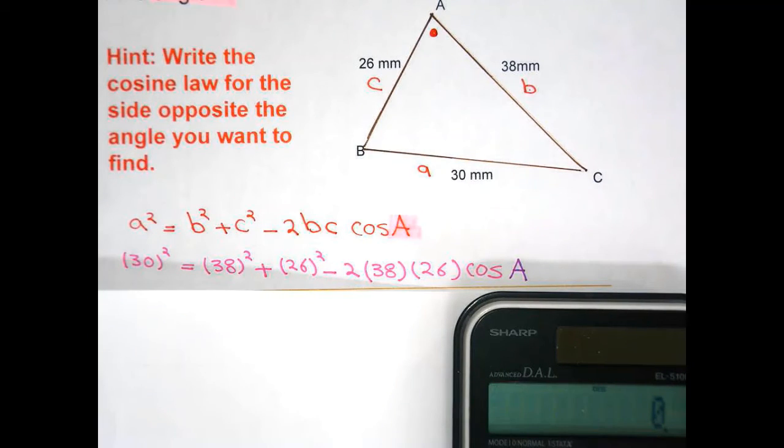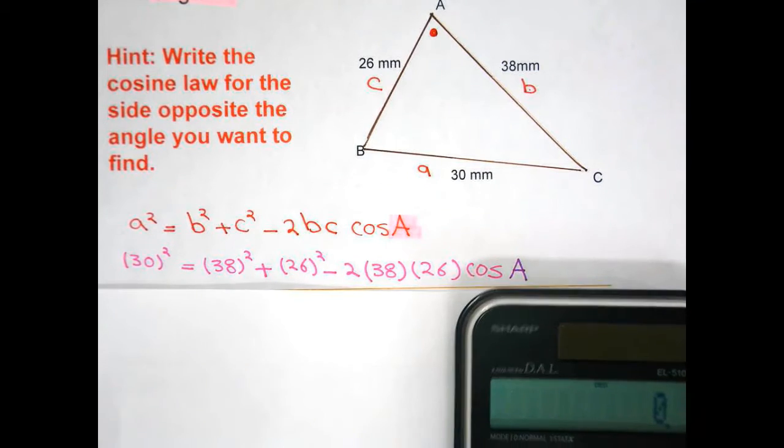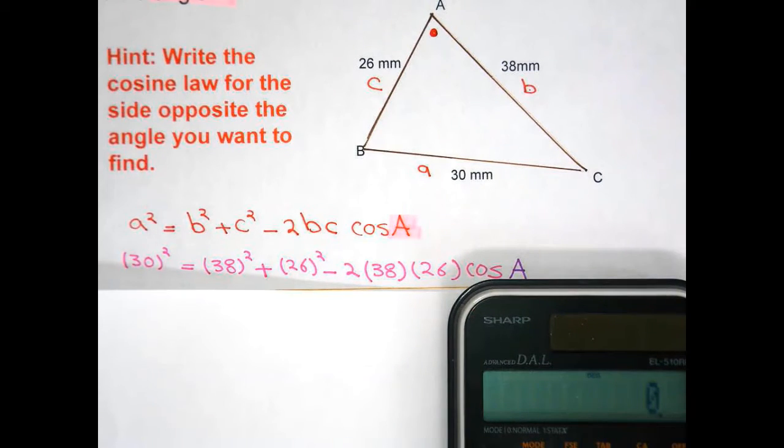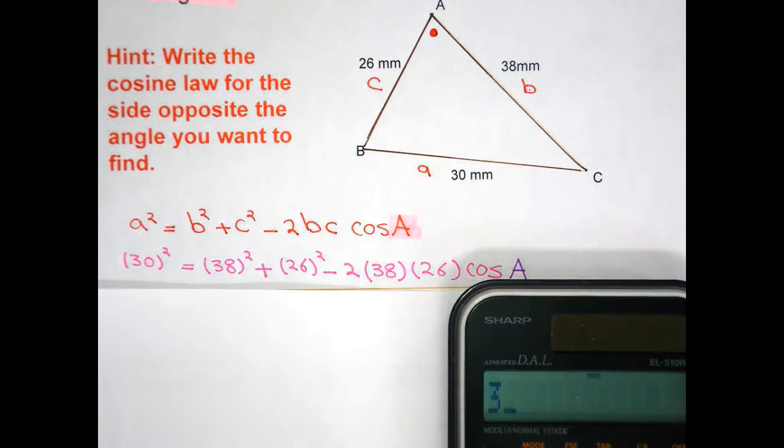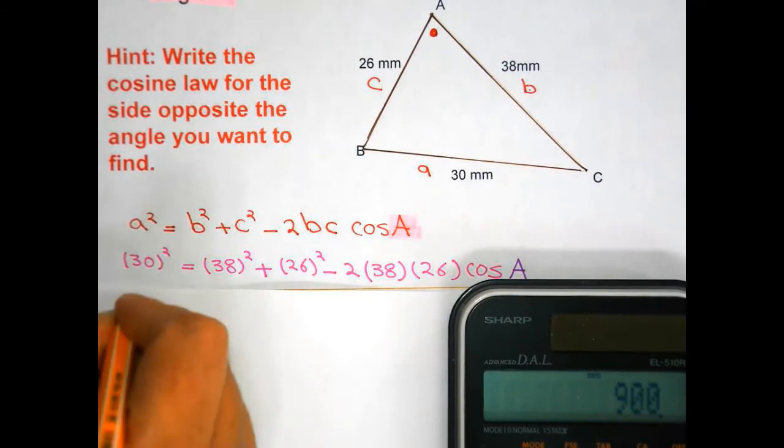In this case, the order of operations is very important. First we figure out what 30 squared is. 30 raised to the exponent 2 is 900.